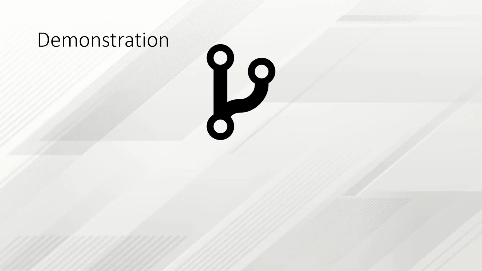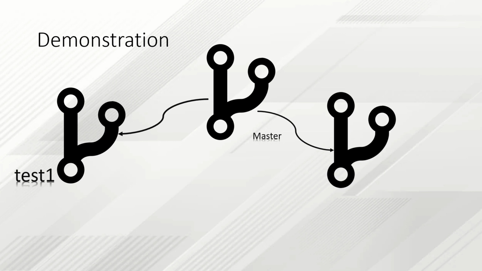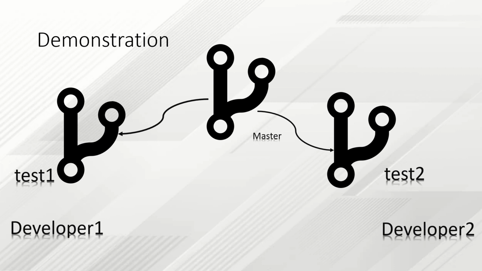So let me go to the next slide and show you the whole scenario through a demonstration. So let's say you have a project and you publish that project to GitHub, and you have the master branch. Okay, now you have created one feature branch test 1, and then you have created a second feature branch test 2. Now developer 1 is working on the feature branch test 1 and developer 2 is working on the feature branch test 2.